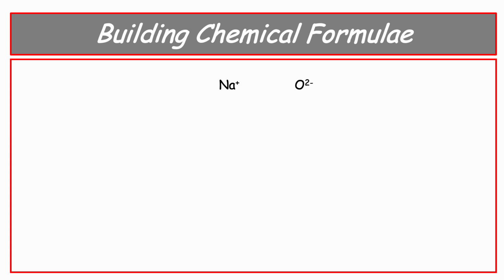This method is essentially called swap the charge. So you've got sodium oxide and you've figured out sodium's 1 plus, oxide is 2 minus. All you have to do is swap those two numbers. So sodium is 1 plus, so that means you need 1 oxygen. So whatever that number is there, that's what the other ion is multiplied by.